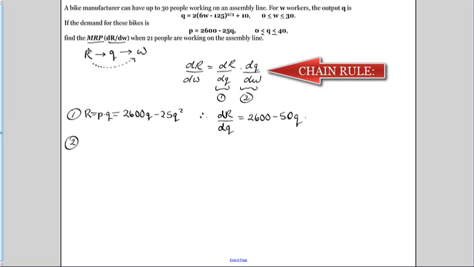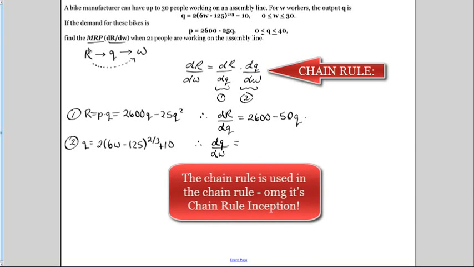Now to get the second part, we need to differentiate the output Q. So I'll rewrite what Q equals. So the derivative of Q with respect to W is found by using the chain rule.